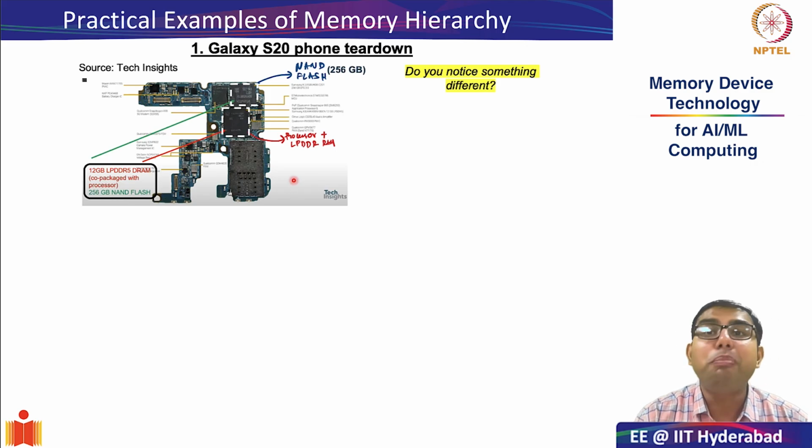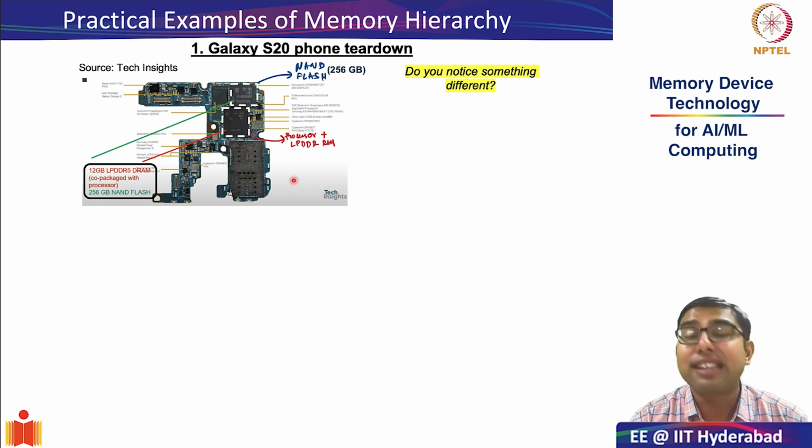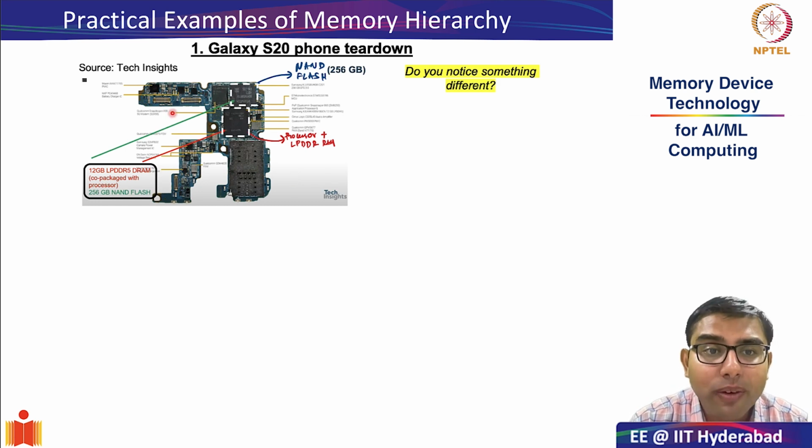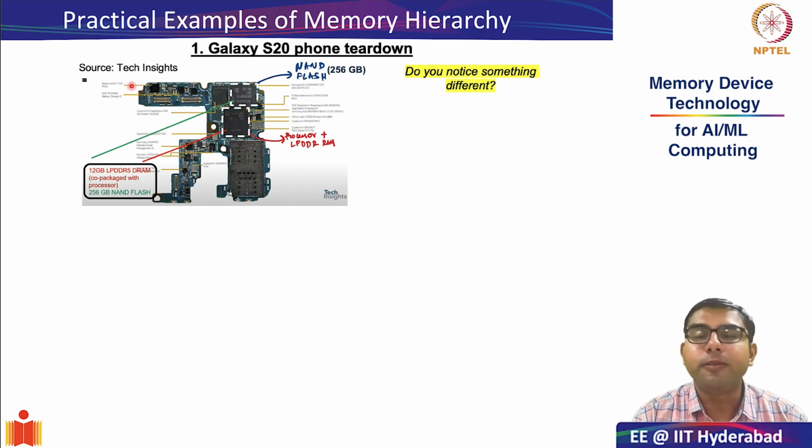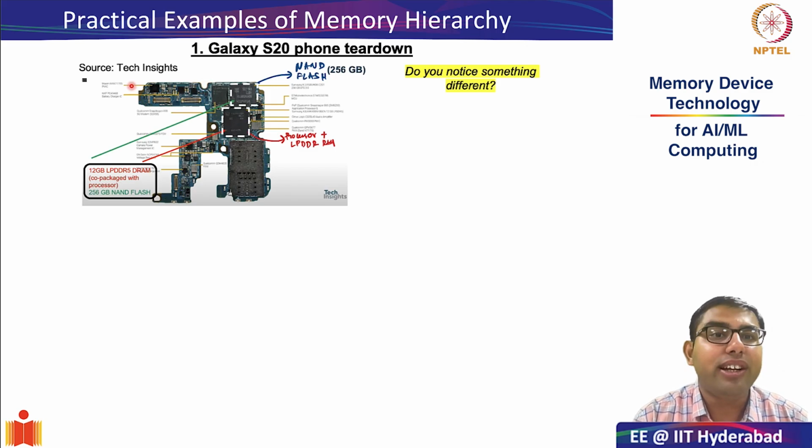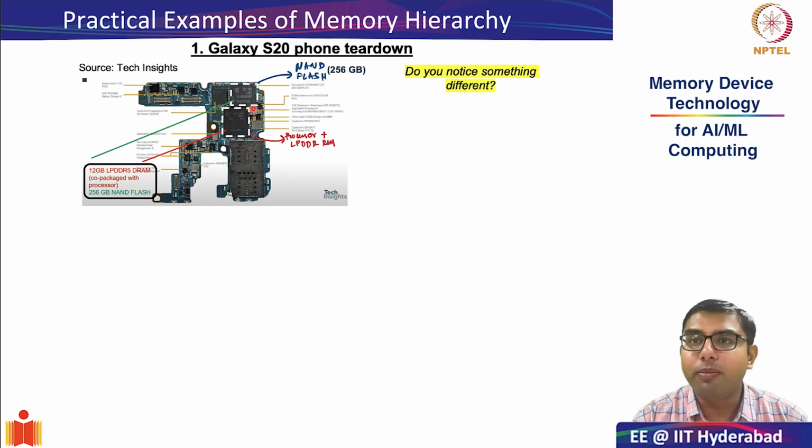There are several companies who do these so-called tear downs. What is the meaning of tear down? Tear downs can happen at several levels. Here you see that a website called Tech Insights has done a detailed analysis, or a tear down, of the motherboard PCB of the Samsung Galaxy S20.